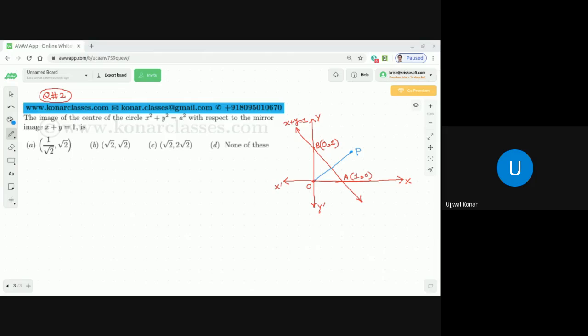Now, to find the coordinate of the point P, the steps we can follow are something like this.